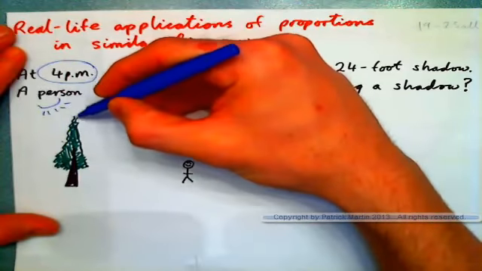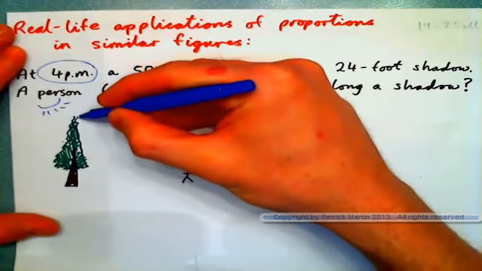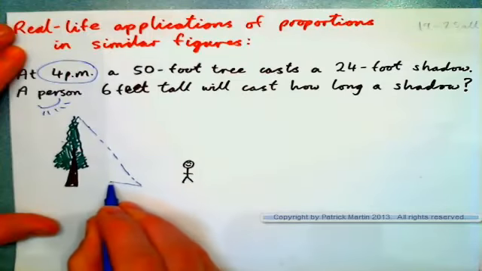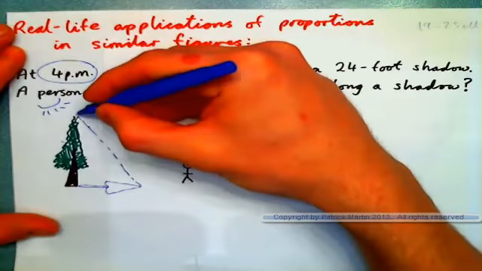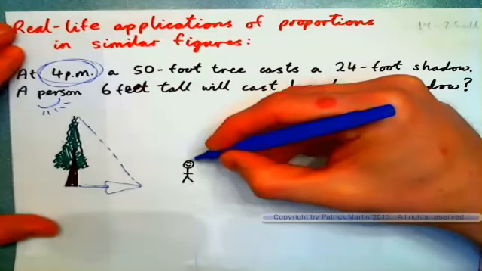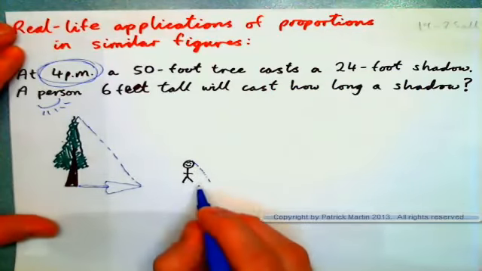And so when the sun shines down, the tree will have a shadow of itself on the ground, like that. The point is that at the same time of day, the angle that the shadow makes is going to be the same.